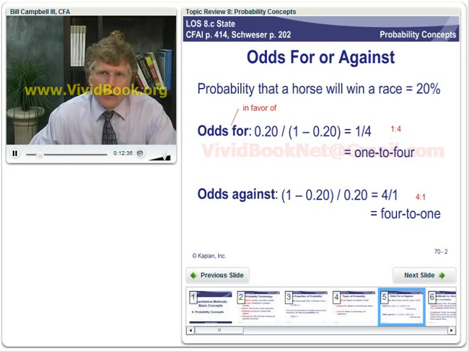If it wins once and it pays us 4 to 1 on a $1 bet, that would be winnings of $4. If it loses 4 times, we would lose $1 each of those times. That would be $4 lost, $4 gained on the win. Our total is 0. Odds against represent what we call a fair bet.